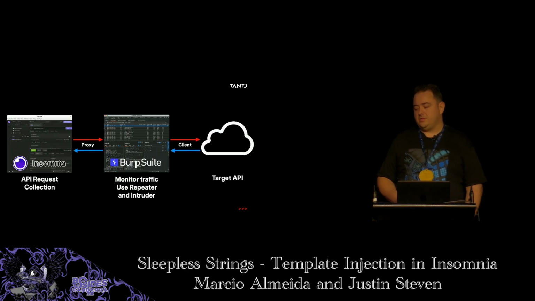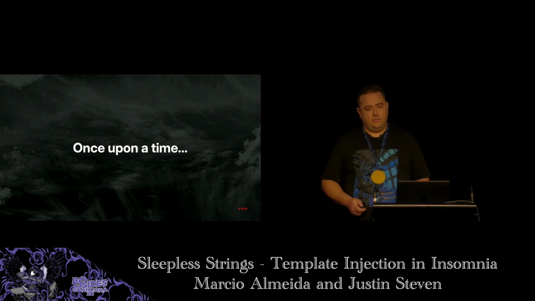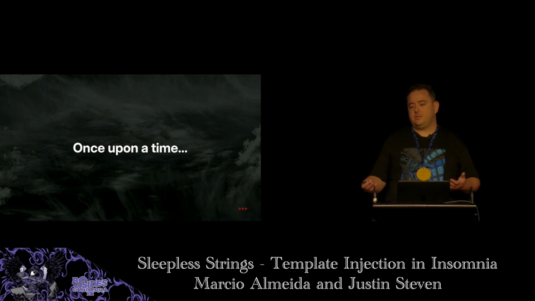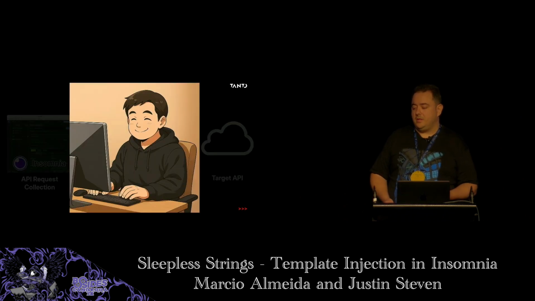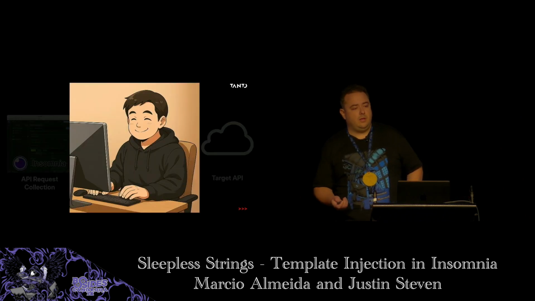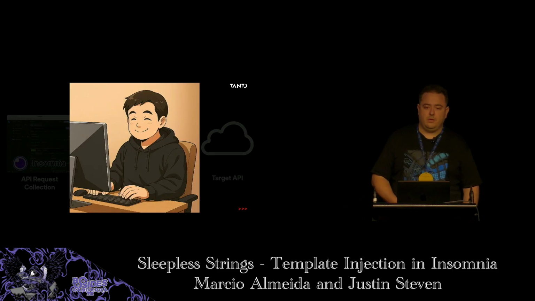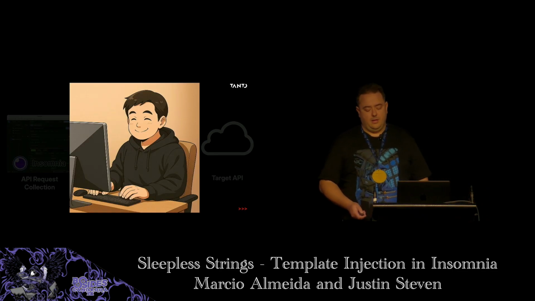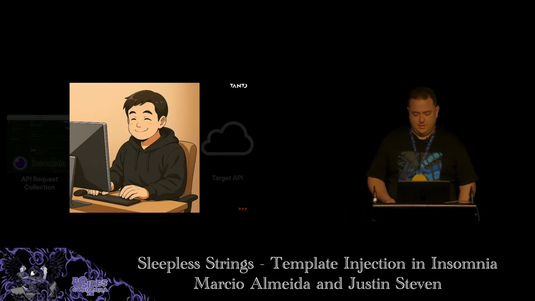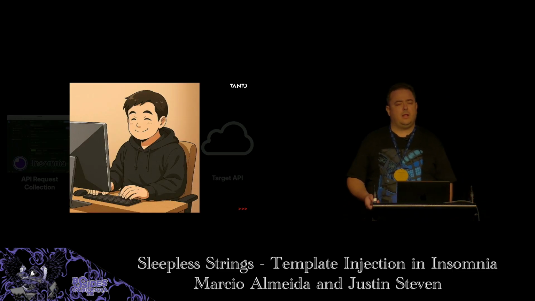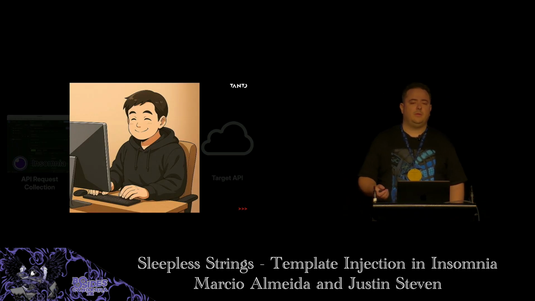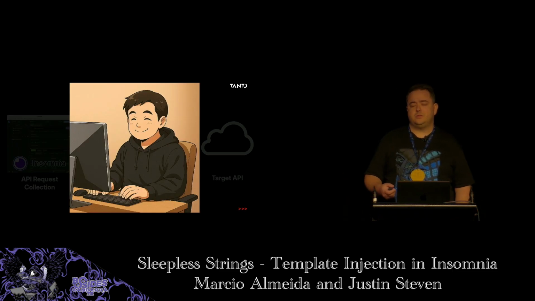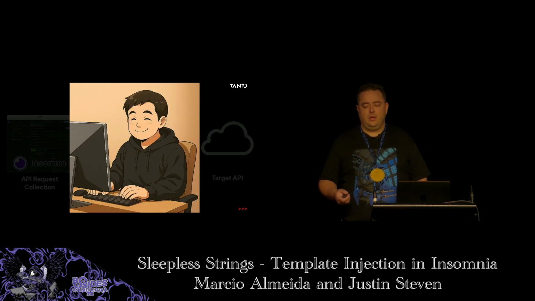Cool, now that we understand that, let me tell you guys a little history of how I stumbled on this vulnerability. So here's me one day doing an API penetration test for one of our clients, and I remember I was testing this API, and it had one functionality that took some parameters and returned some sort of built HTML in the JSON response.